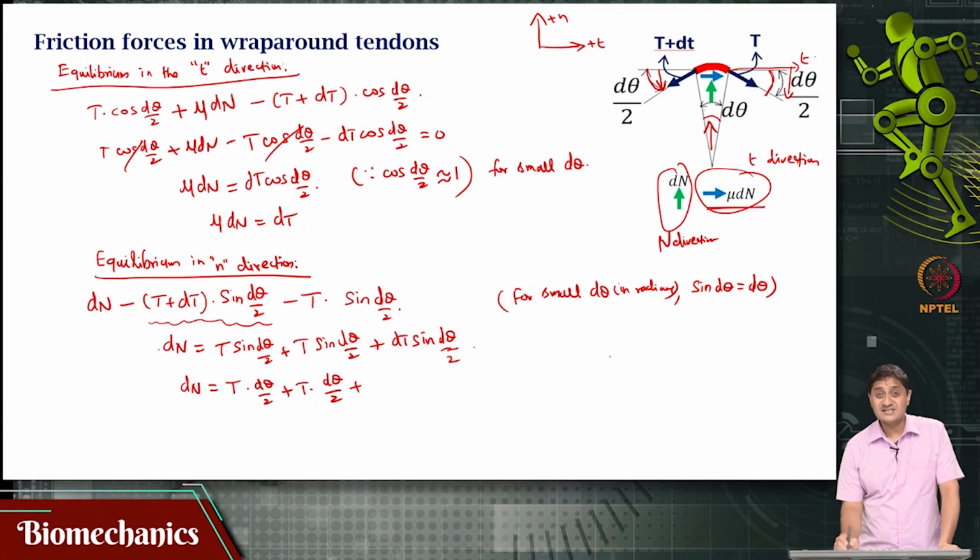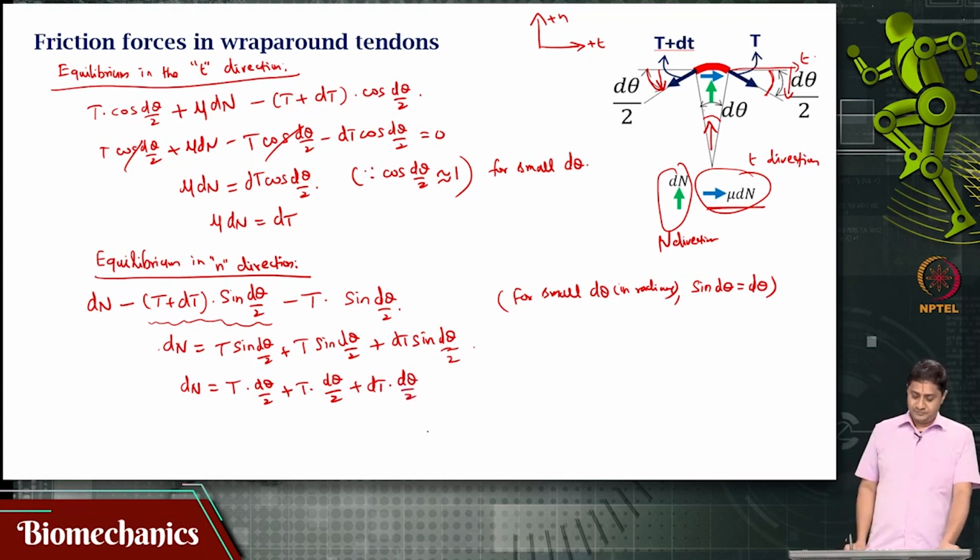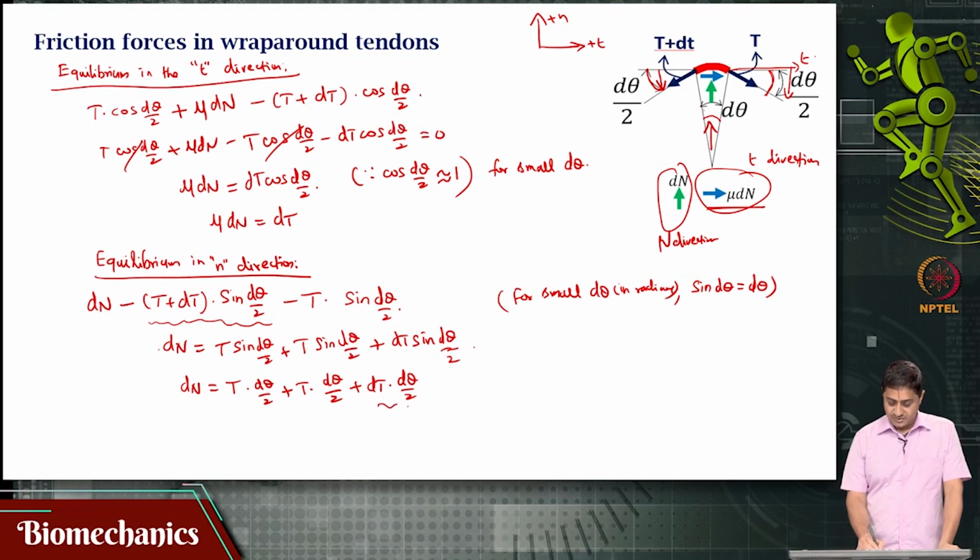Why? Because it is the product of two differentials. Let me write this anyway. That would be dt times d theta by 2. Now, that is almost 0, because it is the product of two infinitesimal quantities, which will be even smaller than those two quantities.